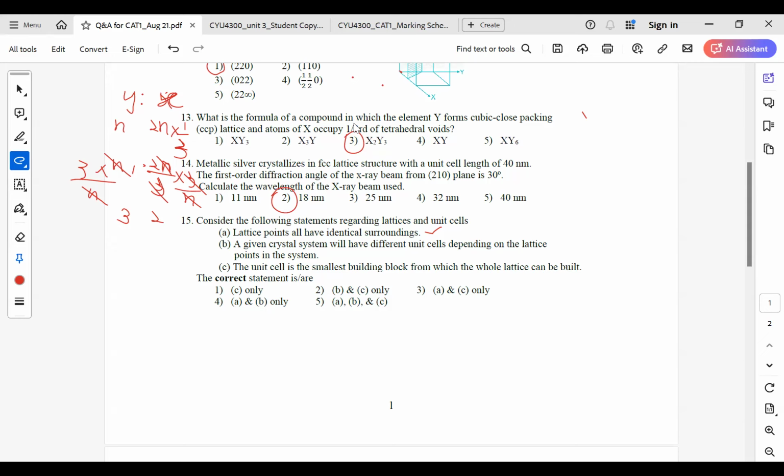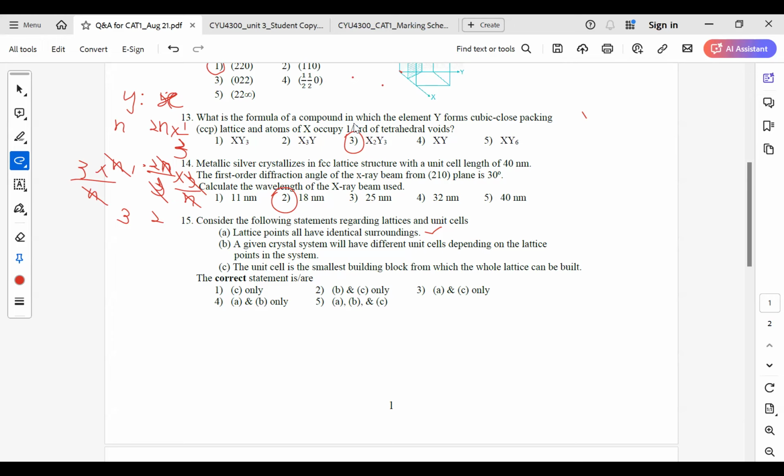Unit cells you can define in different ways, depending on the lattice points. But if you consider those important characteristic features, only 1 or 2 unit cells will be applicable.